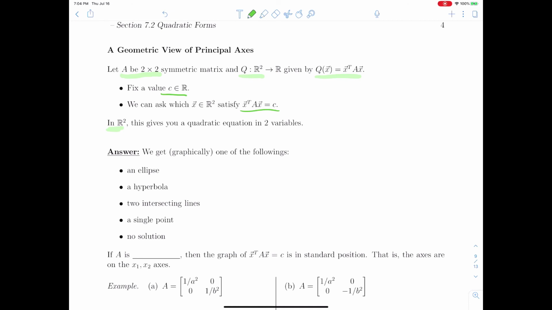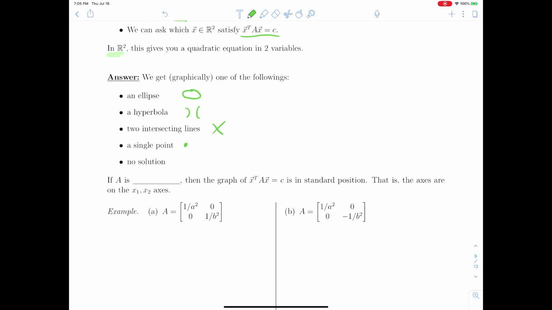You can either get an ellipse, or a hyperbola, or two intersecting lines, or a single point, or there could be no solutions. And if A is diagonal, then the graph is in standard position, in other words, the axes are the x1 and x2 axes.